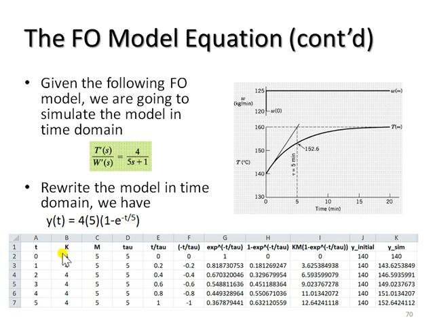Then the next column is the k, which is the process gain. So the process gain is 4. So let's fix 4 throughout the simulation period. Then m is the step value here, which is 5.